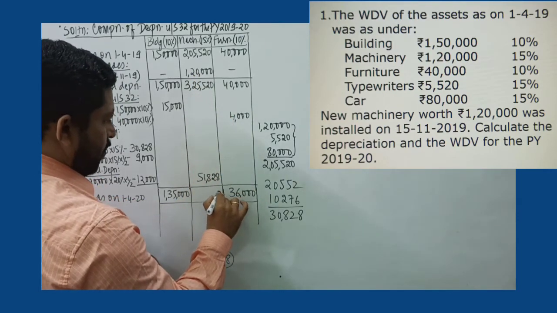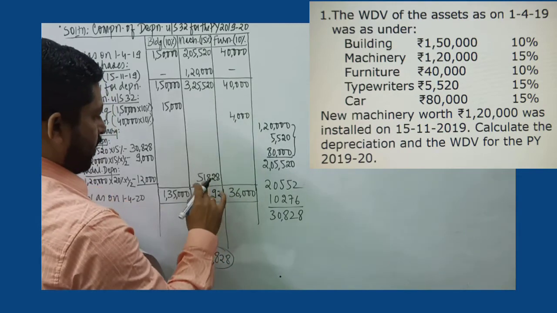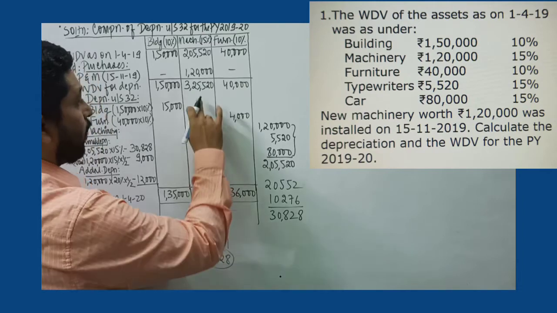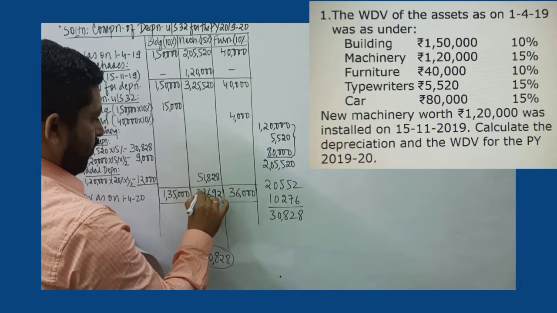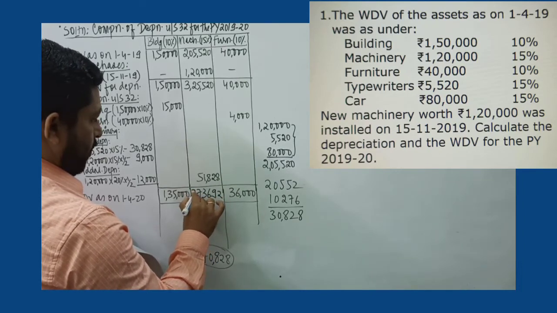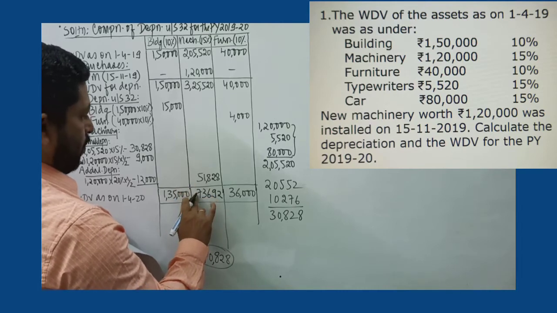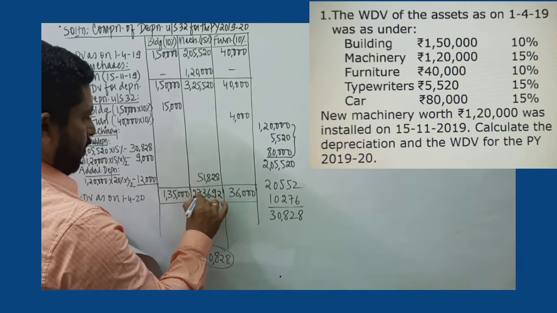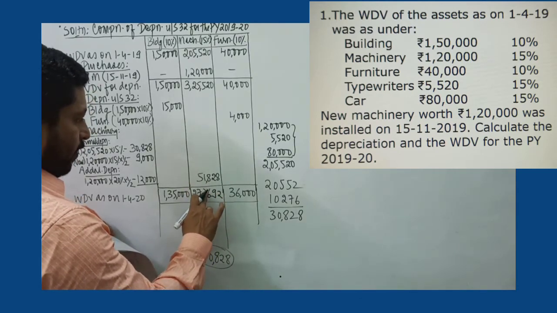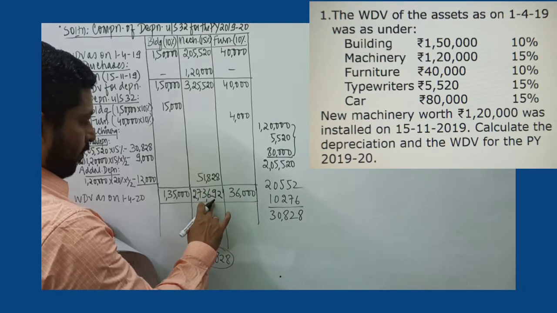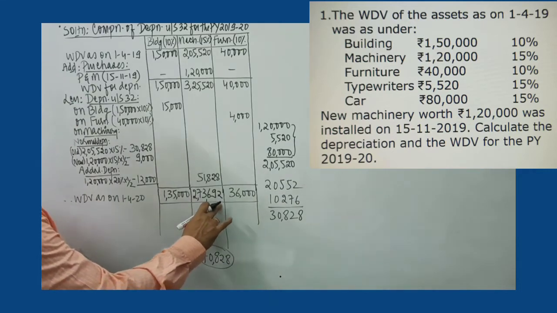So 10 minus 8 is 2, 11 minus 2 is 9, 14 minus 8 is 6, then we have 4 minus 1 is 3, 12 minus 5 is 7, and two lakh 73,692.